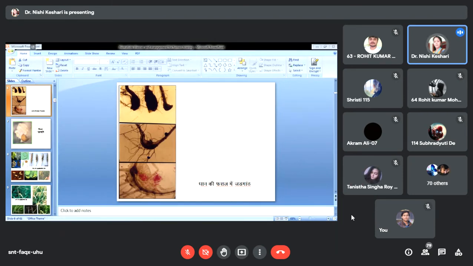You can see here the Meloidogyne graminicola infection in paddy. If the infection is at the terminal part, the root tip becomes hook-like and swollen, and if the infection is in the middle, the middle part is swollen. Is it clear?